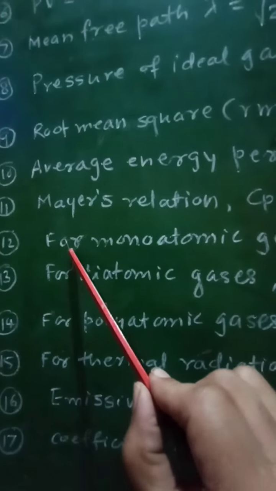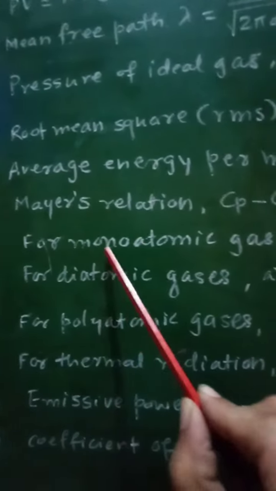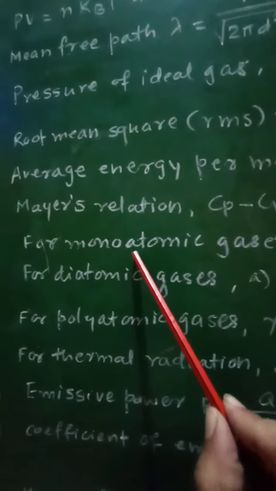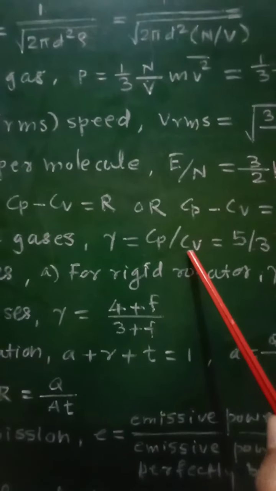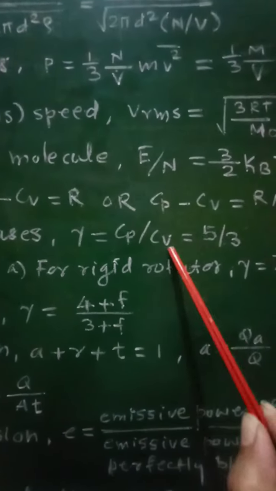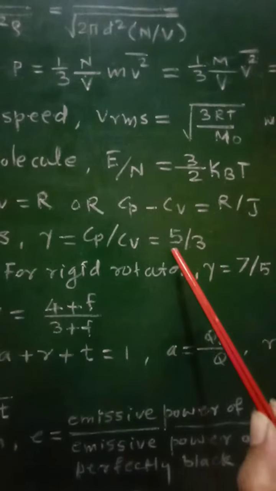Next formula 12th, that is for monoatomic gases. For monoatomic gases, gamma, that is Cp by Cv equal to 5 by 3.